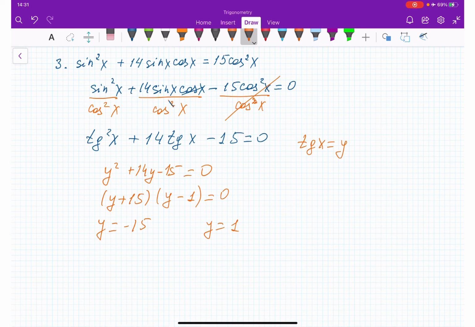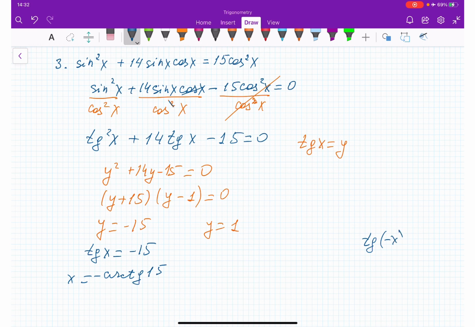Going back to our trig function, we are going to get tangent x equals negative 15, so x equals negative arctangent 15, because tangent is an odd function.